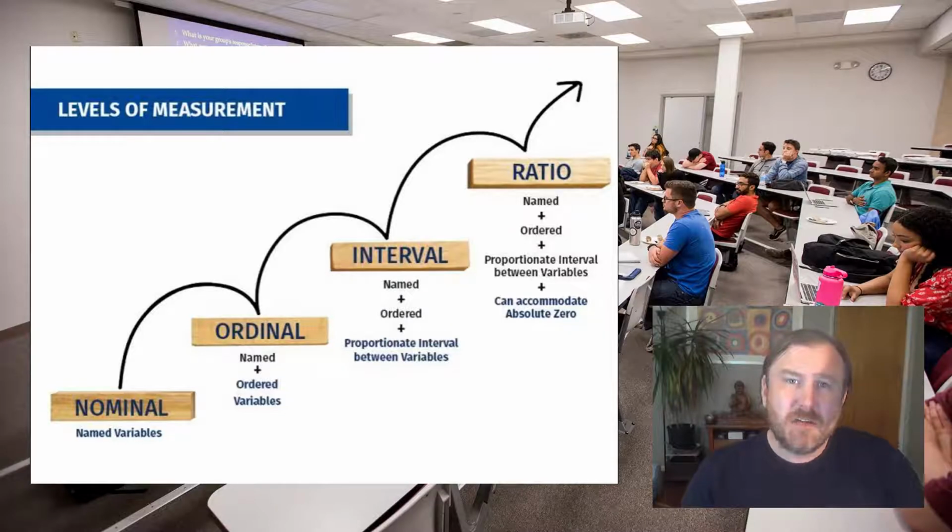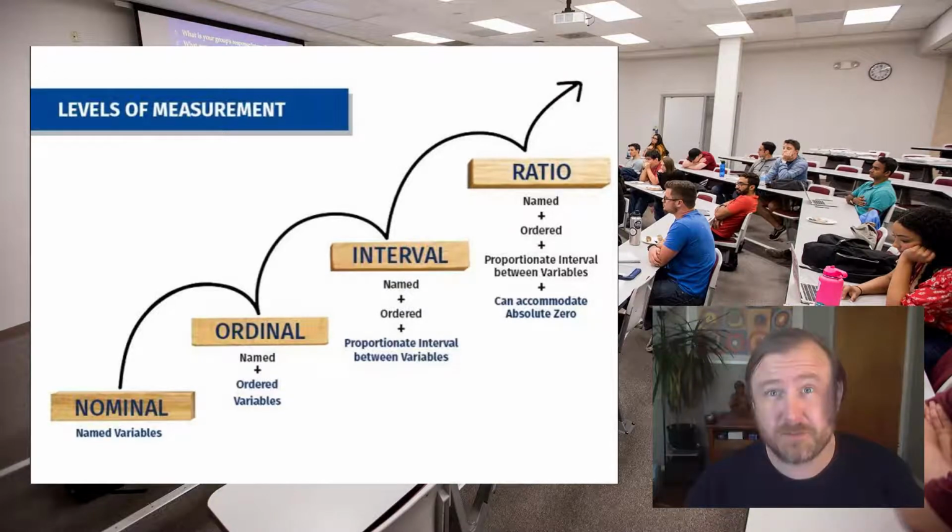So in other words, if I was in a race, first place could have finished 10 minutes before the second place. But second place and third place might have finished seconds between each other. And so the distance between the units cannot be assumed to be equivalent. And for this reason, we're not able to really do math on ordinal variables.